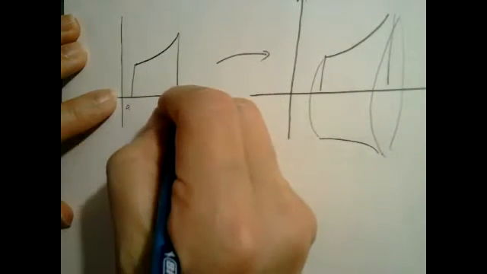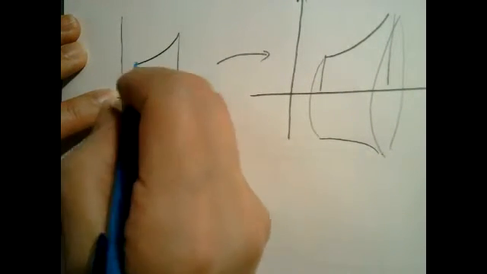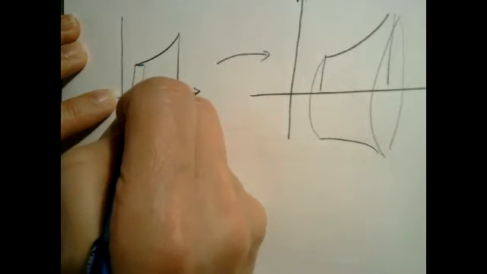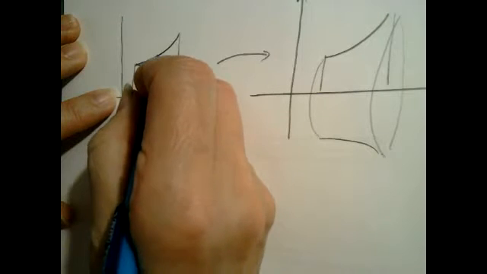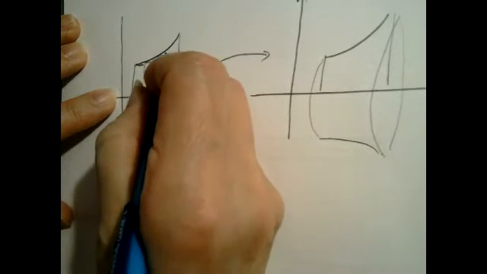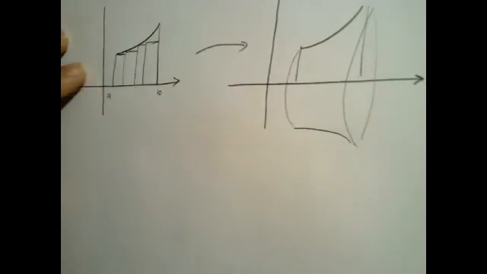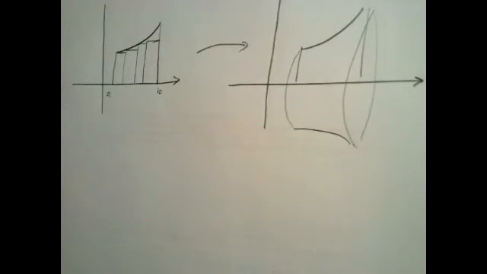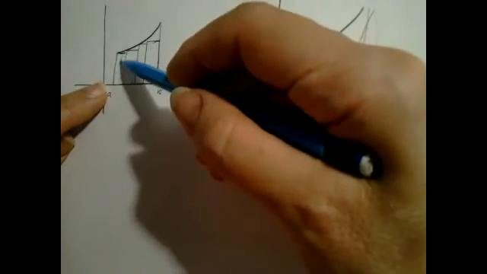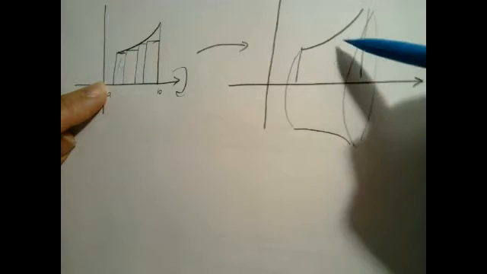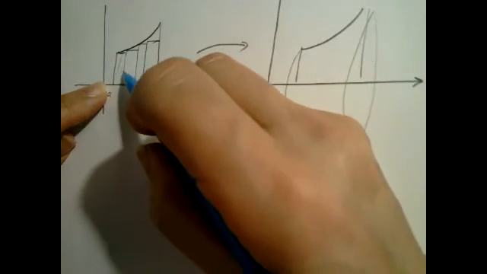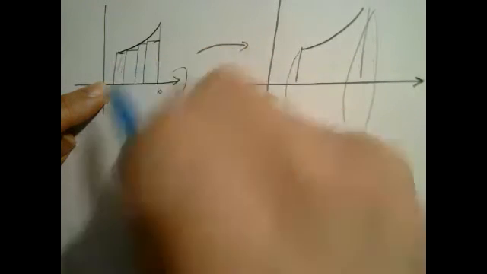This is A, this is B. I'm going to take this region and do what we did before. I'm going to fill it up with those little rectangles. So I'm just going to take 4 to make my picture clear. And I'm going to rotate every rectangle around the x-axis. Every one is going to be rotated, and I'm going to fill this with the rotation of each one of them.